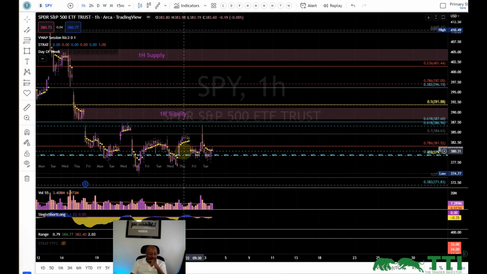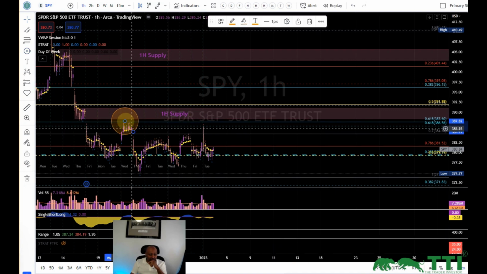An aggressive institution might add to that position up here. They might add to that position here because they'll say we're close enough to that supply zone. I'm not chasing, I want to add to my position. Again, they're adding, they're not entering a new position.